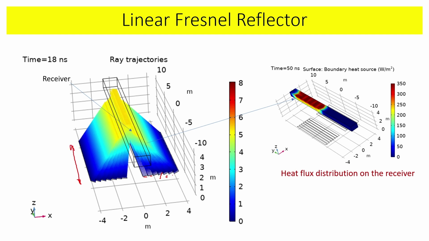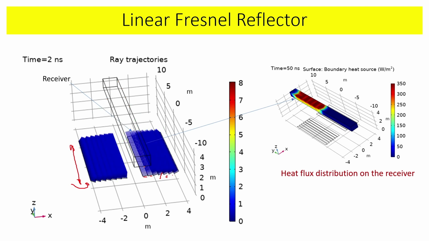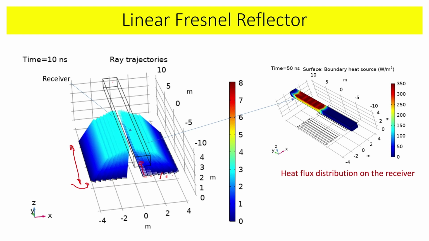They are rotated like this as the sun moves from one location to another. So we need to adjust the tilt of these mirrors so that they all the time focus the solar radiation on the absorber, because the absorber is the place where the working fluid is flowing, which we have to heat up.